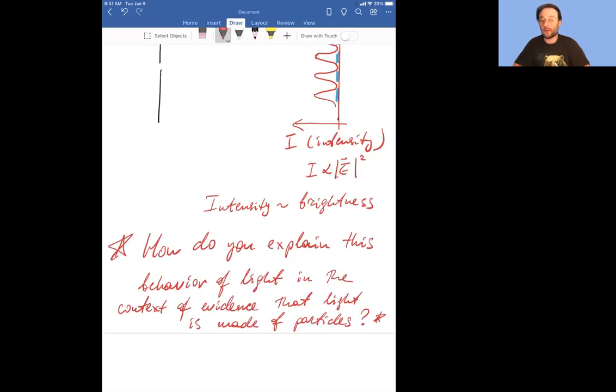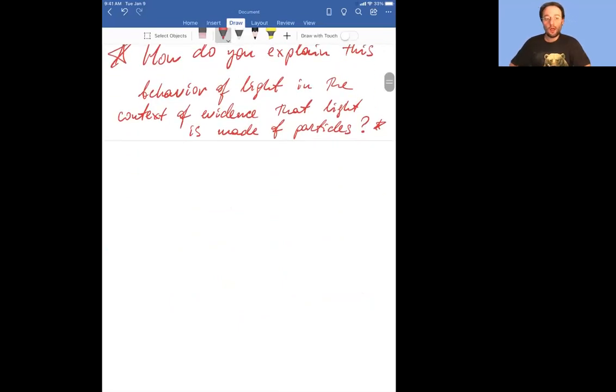Very good question. Pause the video, think about it. Well, here's a possible explanation. Could it be that these particles interact with each other in some way as they pass through slits?